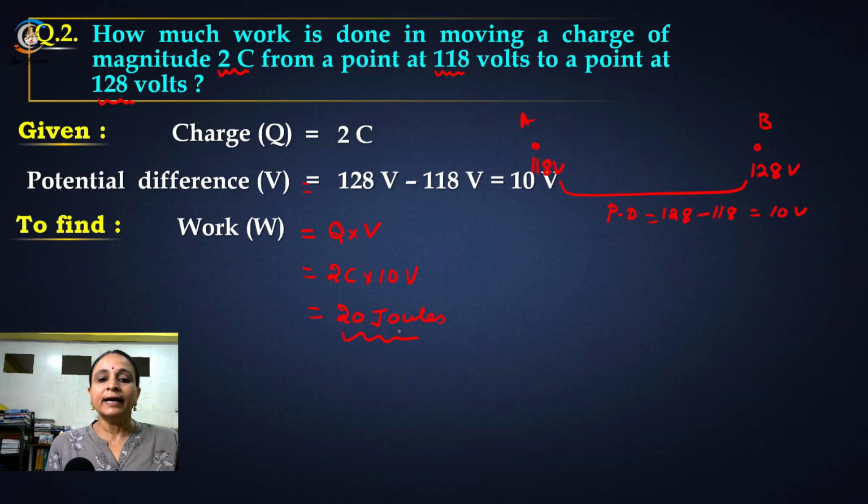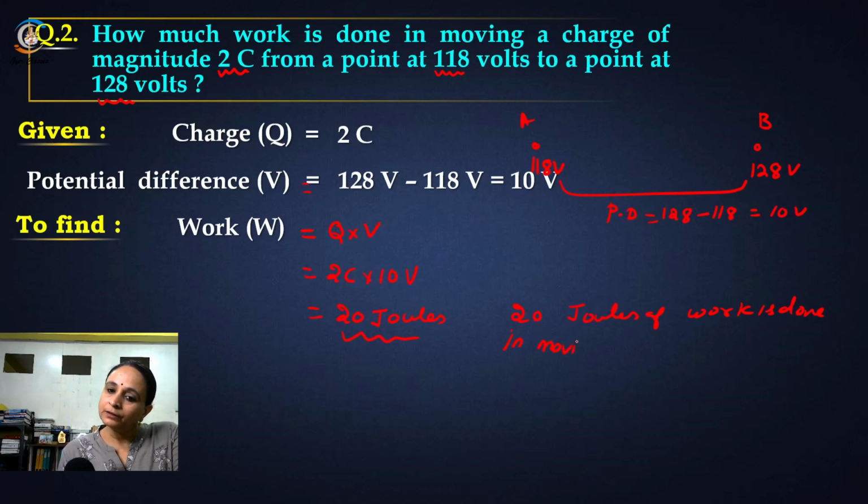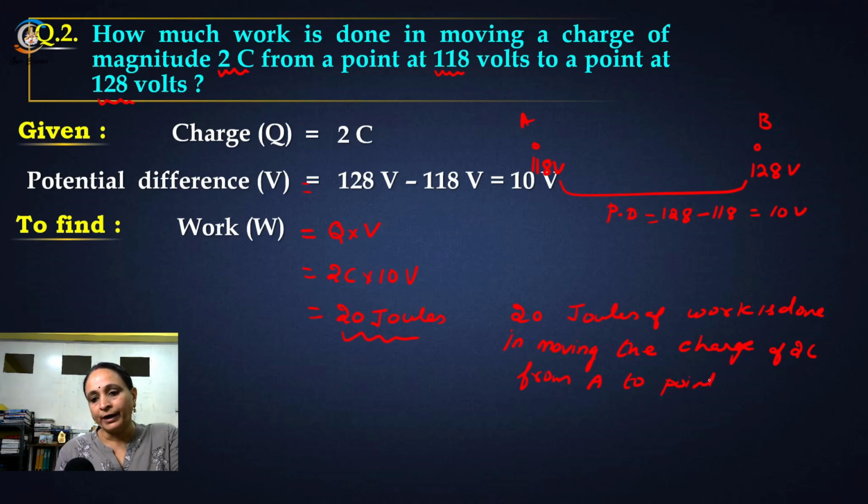So we know that 20 joules of work is done in moving the charge of 2 coulomb from point A to the point B. Done.